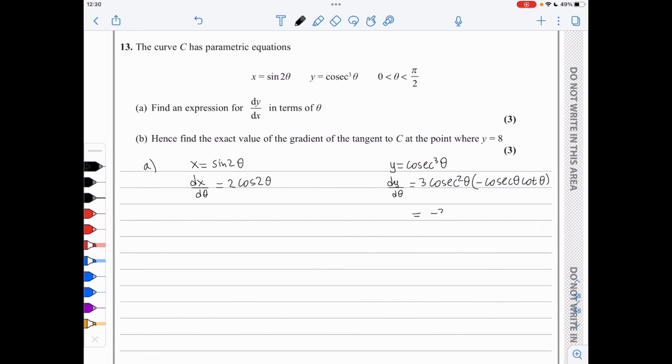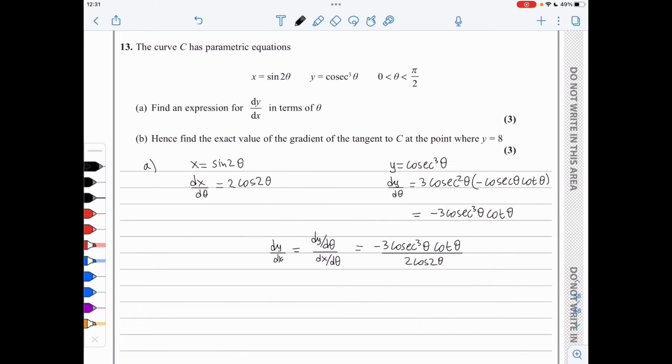This gives me -3 cosec^3 θ cot θ, and therefore dy/dx is simply dy/dθ over dx/dθ. So this will be -3 cosec^3 θ cot θ over 2 cos 2θ, and this completes part A.